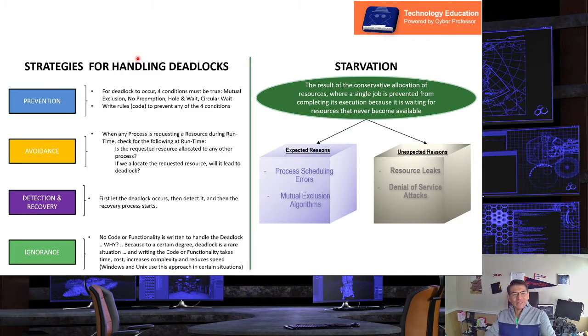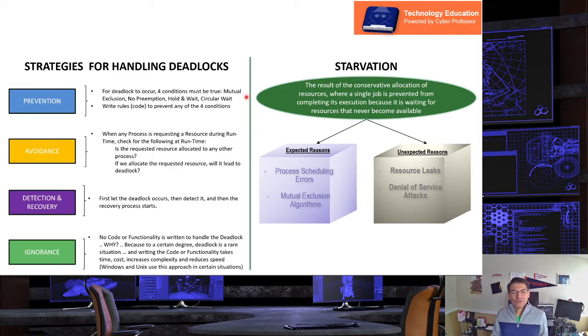Whenever you're writing the code as a programmer, you can create specific code that will allow you to prevent any of the 4 conditions that must take place for a deadlock to occur from becoming true.